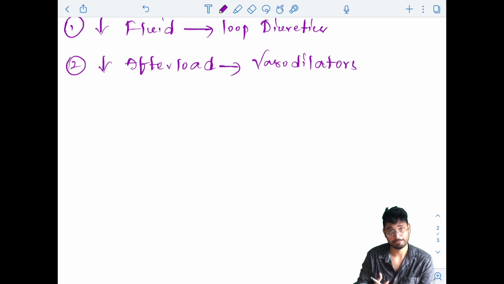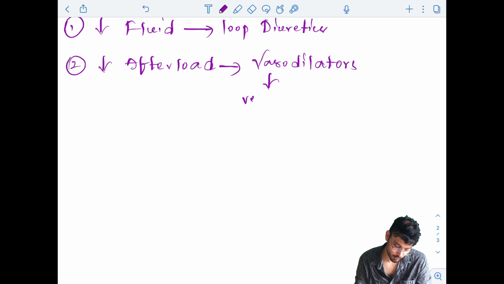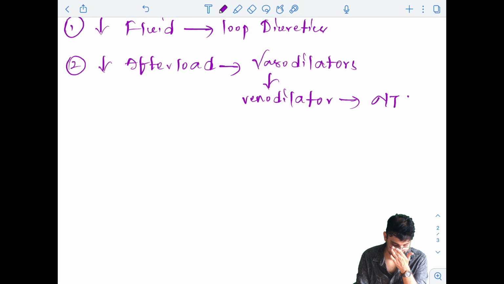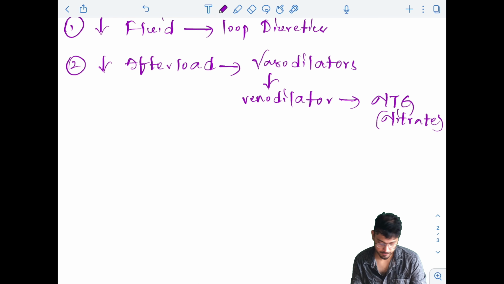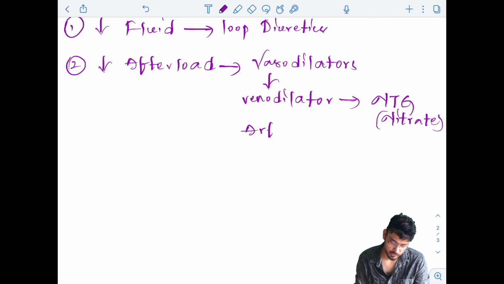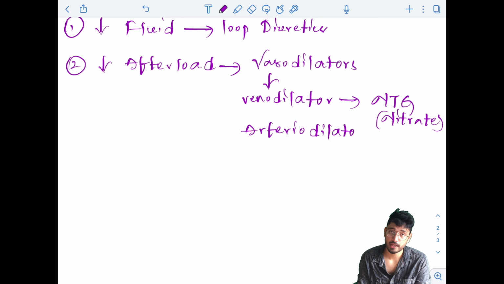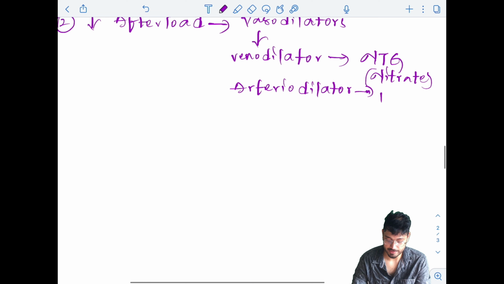We all should know examples of vasodilators. A well-known venodilator, everybody should know, is nitrates. There are a group of drugs included within the nitrates. Or we can give arteriodilators. An example of arteriodilators is hydralazine.